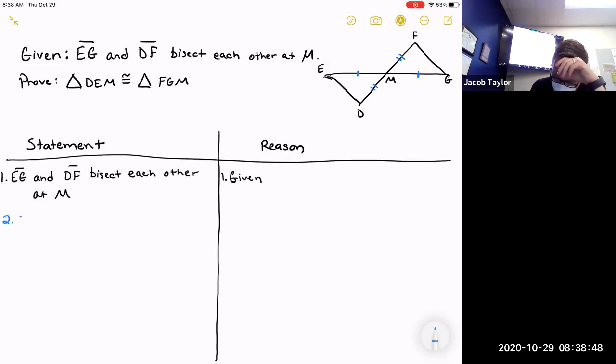But what I can say is that DM is congruent to FM, and that EM is congruent to GM. And the reason I know that is because I was told they bisect each other, and that is what bisect means. So I'm going to say the reason I know that is the definition of bisector.